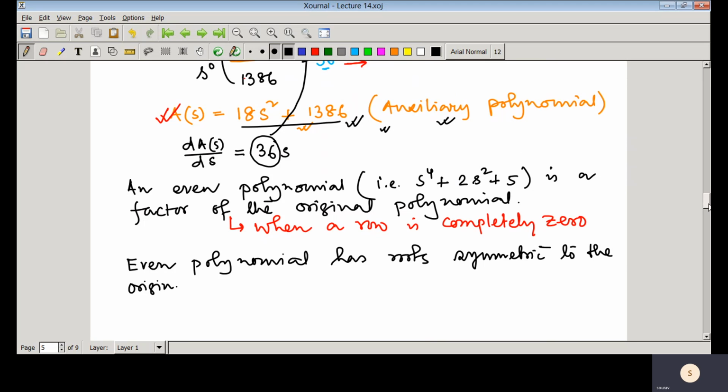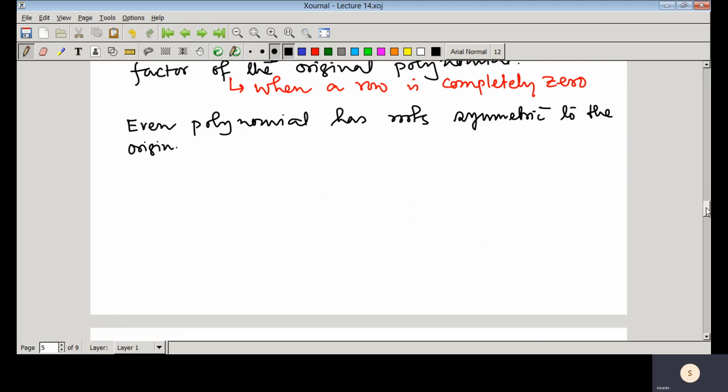What is that? That means if you take a complex plane, so here suppose this is that complex plane, this is that real, and here you have that imaginary. Now this is that origin.